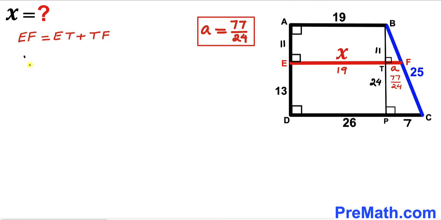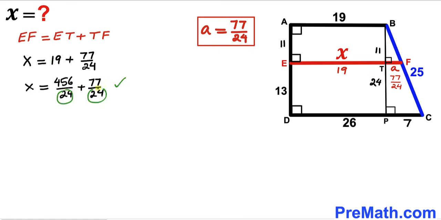So therefore we can write X equals 19 plus 77 divided by 24. Now I can tweak this 19. 19 could be written as 456 divided by 24, as you can see in this next step. This way we got the common denominator.